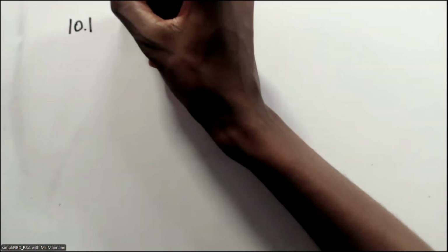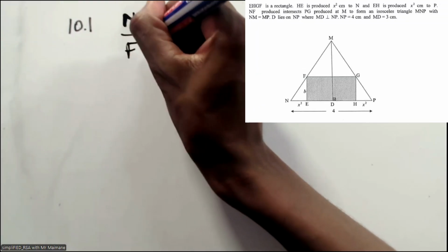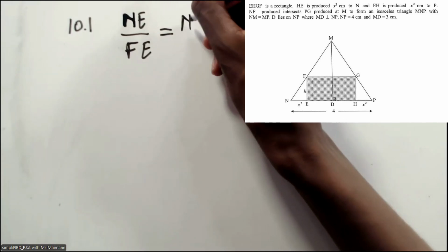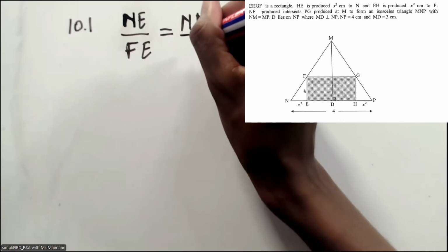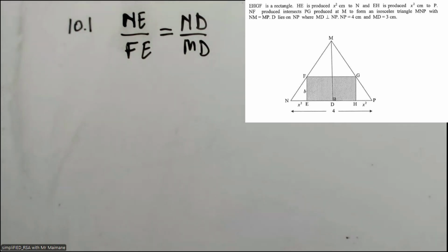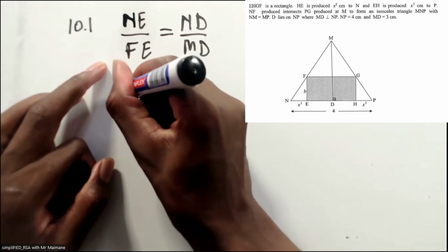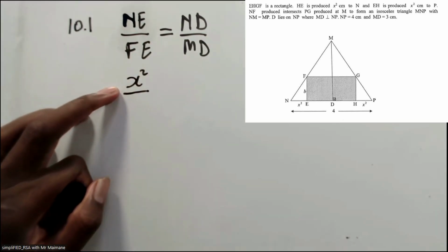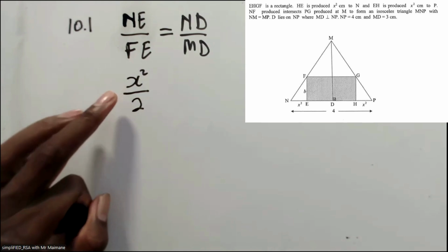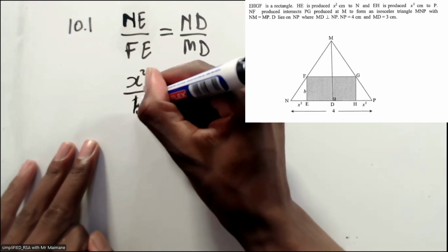Let's apply it. NE over FE is equal to ND over MD, because the two triangles are similar. NE is given to be x squared over FE, which is given by B from the image.